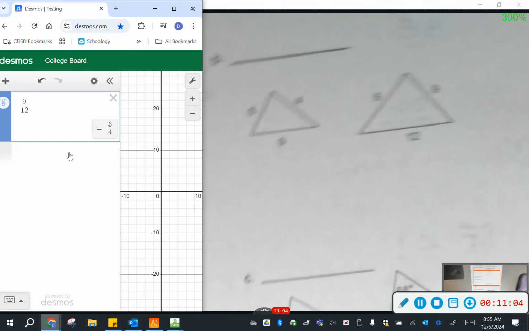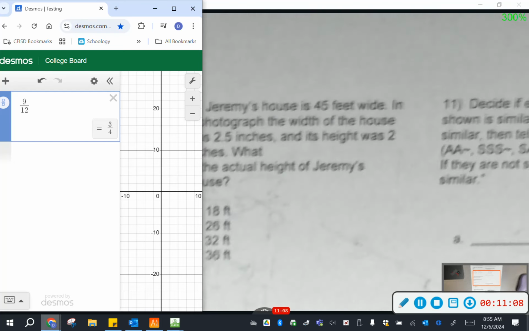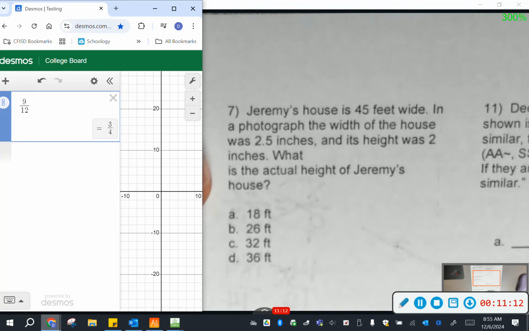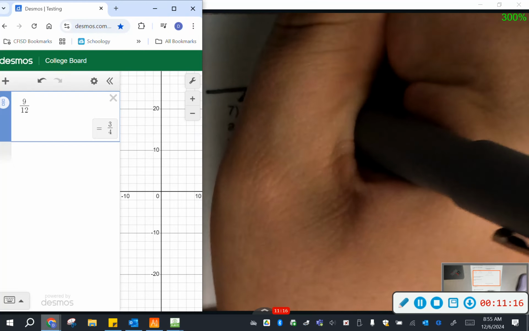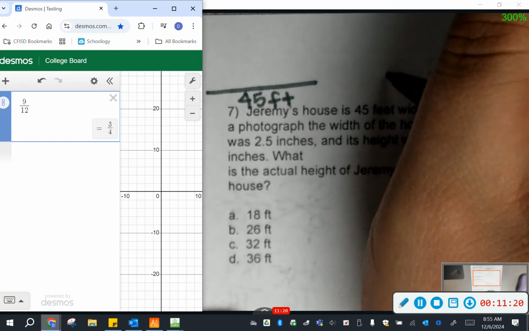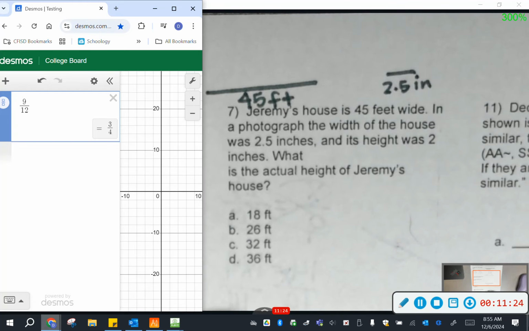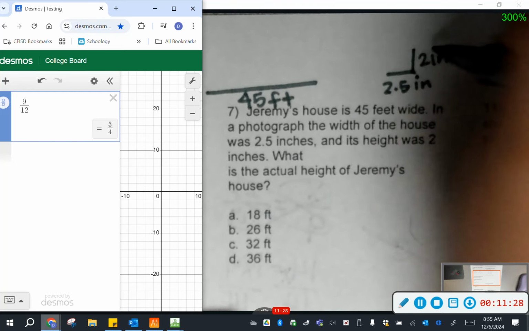Turning on to the back. D was the answer. Jeremy's house is 45 feet wide. So here's his house. And in a photograph, the width is 2.5 inches. Its height is 2 inches.